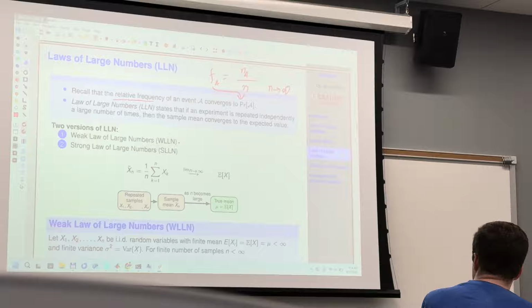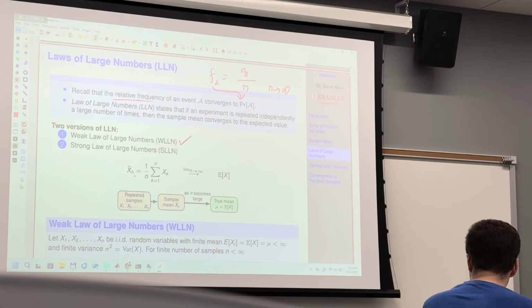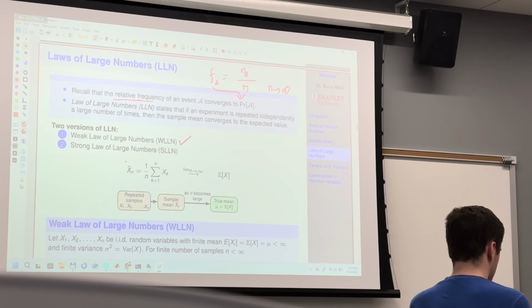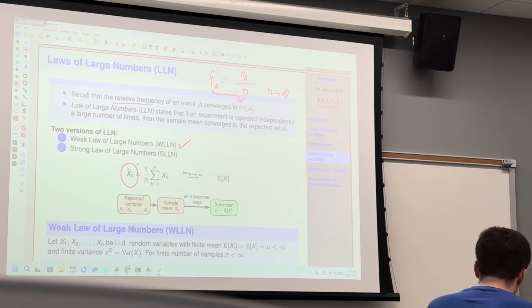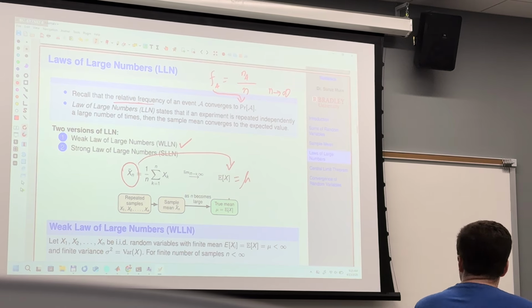One is the weak law of large numbers. The other one is the strong law of large numbers. The weak law says that you have a finite number of measurements, and you can calculate the sample mean, not the entire population. But when the number of measurements goes to infinity, this sample mean boils down to the expectation, which is the true mean that I mentioned in the beginning.